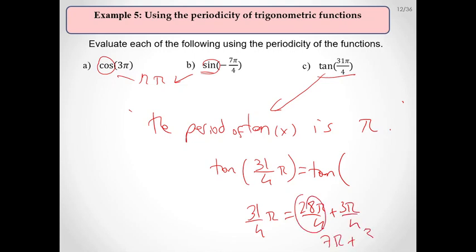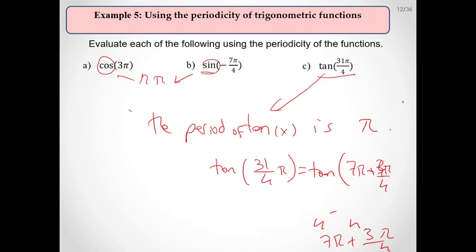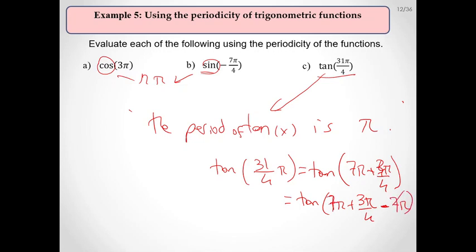So this one is 7 pi plus 3 pi over 4. They are the same. And I can remove 7 pi from here because I can subtract a multiple of pi, and the value of tangent will be the same.